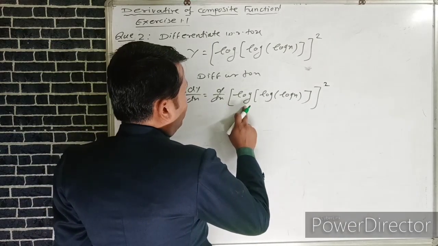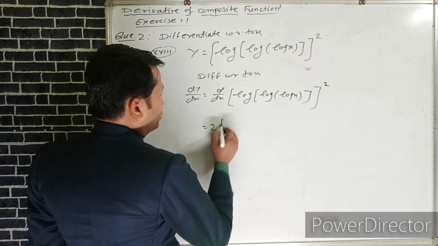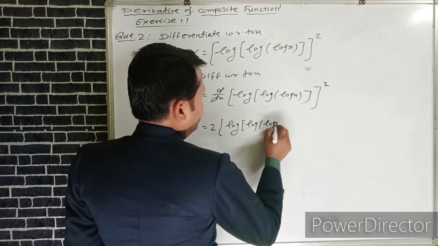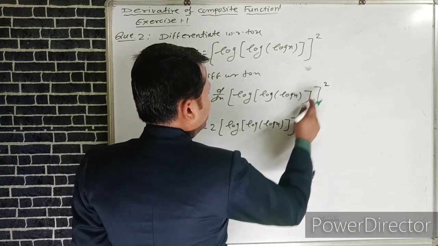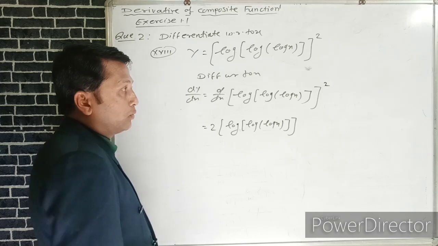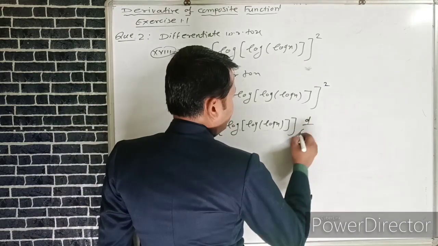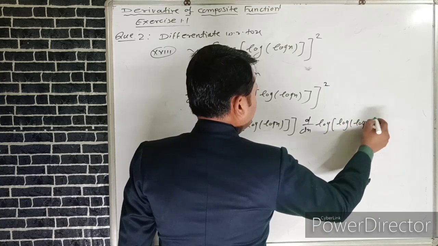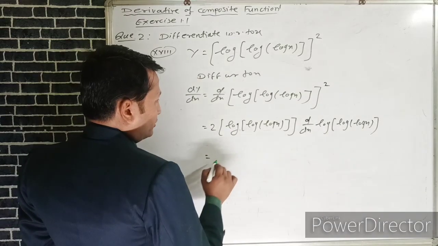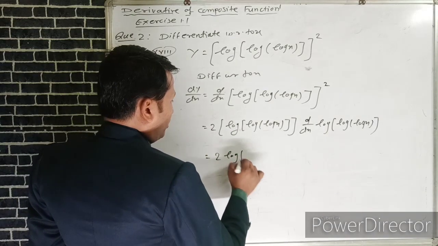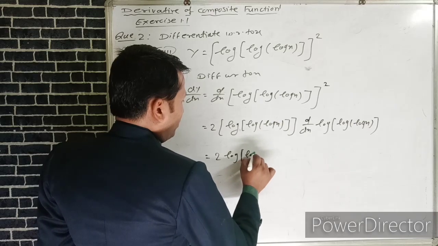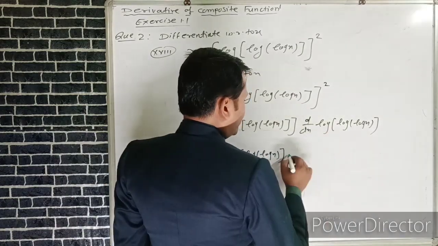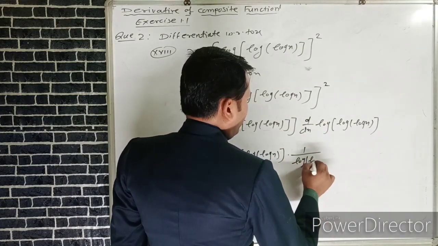We take the derivative of bracket raised to the power 2, which is 2 into log of log x whole raised to the power 2 minus 1, into again the derivative of log x. Here 2 into log x as it is. The derivative of log x is 1 upon log x.